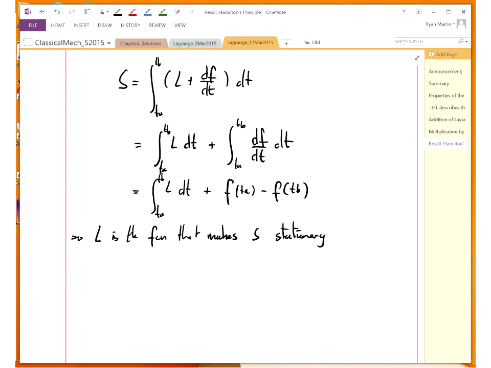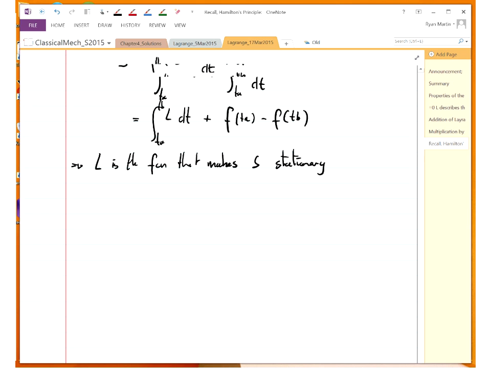When we did the math, the condition was that L must satisfy the Euler-Lagrange equation. But when we derived that, the first thing we did was to figure out what the variation of S was with respect to the coordinates. So let's think again about the variation of S. What does that mean?